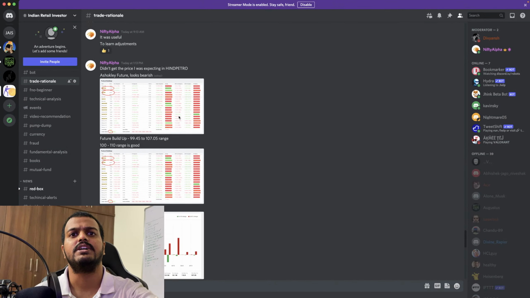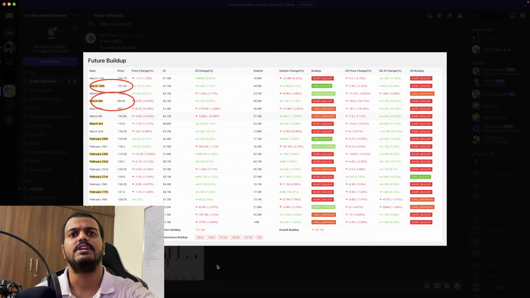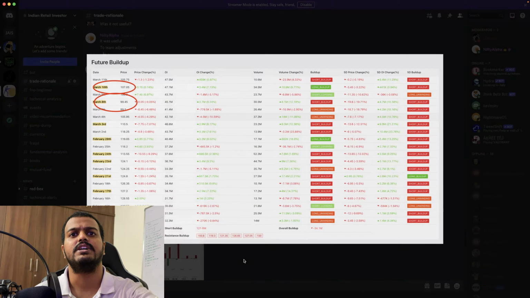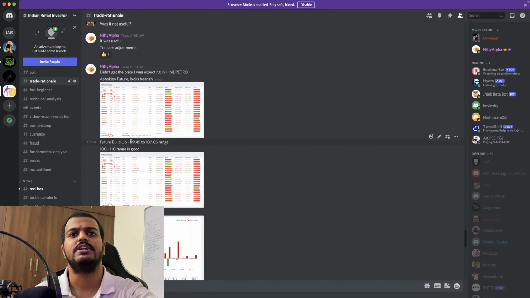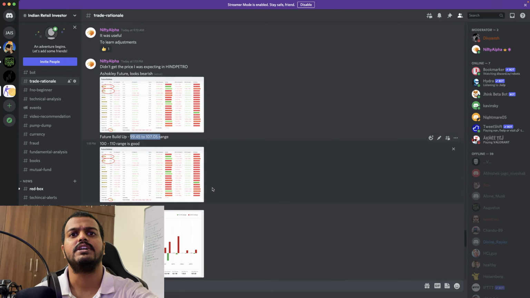Now the range I'm picking here is the least of these ranges, 99.45, because it is already in a short build-up range. I will be keeping it as 97.5 or something like that as a range. So this is what I explained, 99.4, and this is the futures build-up range.